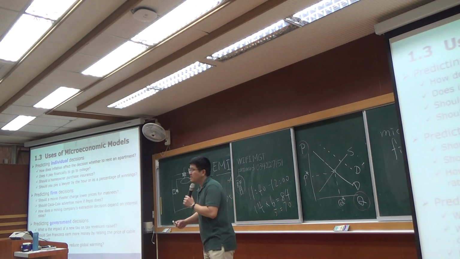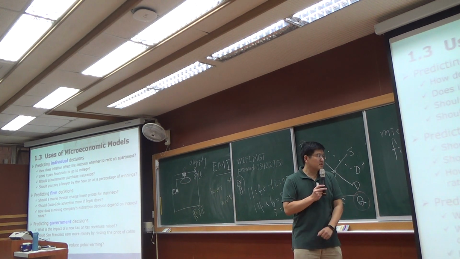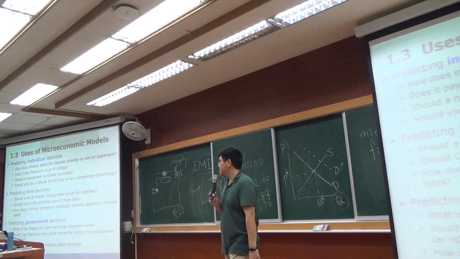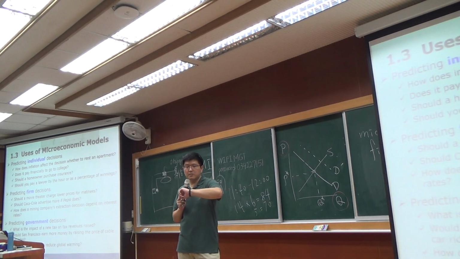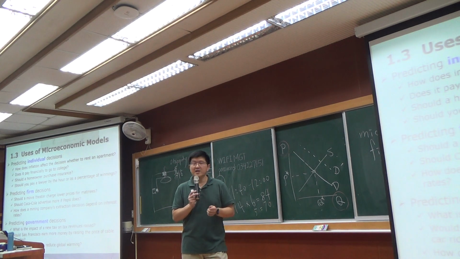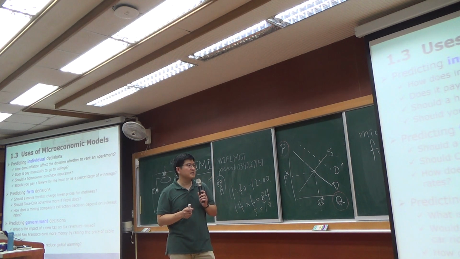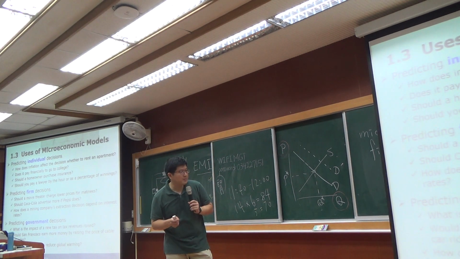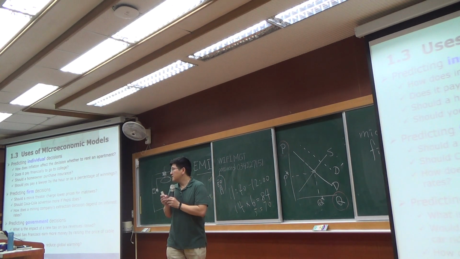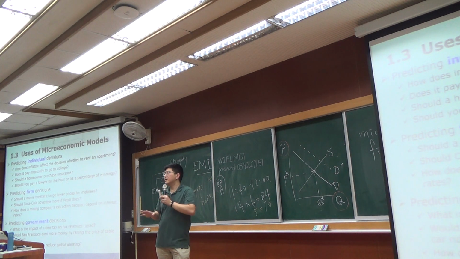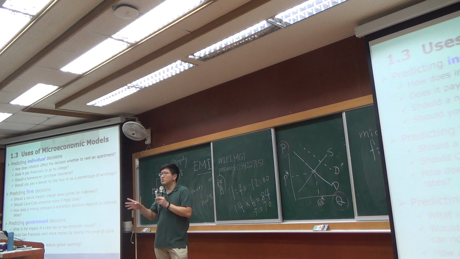Okay. And about the government, what is the impact of a new tax? So the tax rate, what kind of tax rate should be levied? Or can San Francisco earn more money by raising the price of cable car rides? How many of you have ever been to San Francisco? 有人去过吗？旧金山 San Francisco? One. Have you ever taken the cable car? The ding ding car, right?